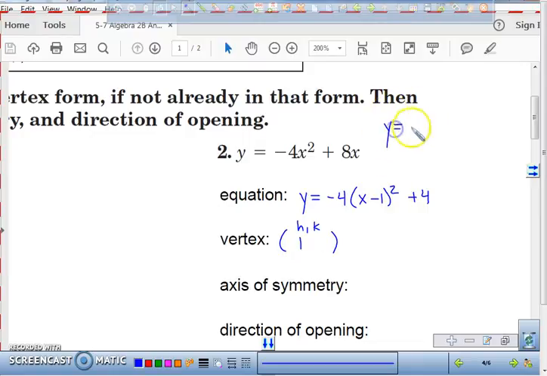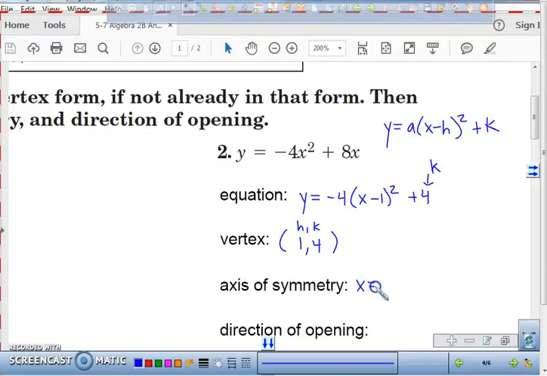The reason it's a positive 1, we have to follow the standard equation for vertex form. It says x minus h. Well, this is x minus 1. That's why it's a 1. Our k value, it says plus k. So what does our k value have to be? 4. So our vertex is at 1, 4.